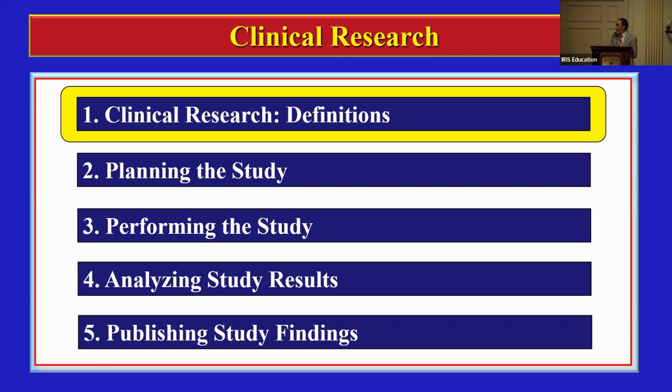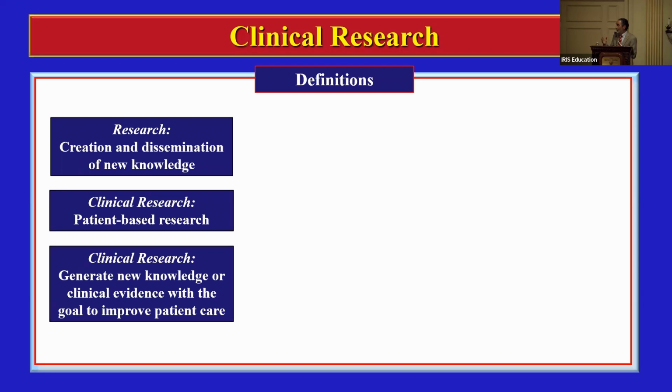So when we look at research, we hear creation and dissemination of new knowledge. In biomedical research, sometimes we talk about basic research, the research that we do in the laboratory, and clinical research, the research that we do working with patients or with humans, human research.